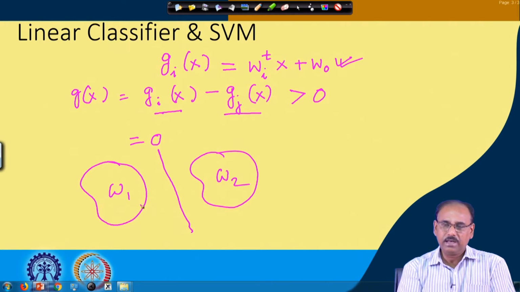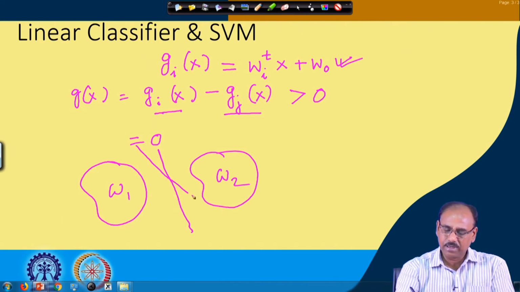While designing the linear classifier, we did not really think of the distribution of the vectors belonging to class omega 1 and class omega 2. We simply assumed that they are linearly separable. And we have seen that this straight line is not unique.